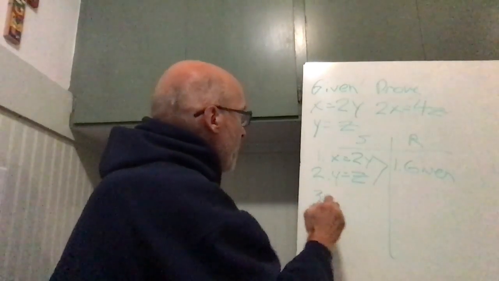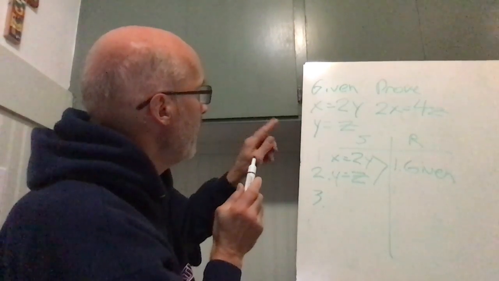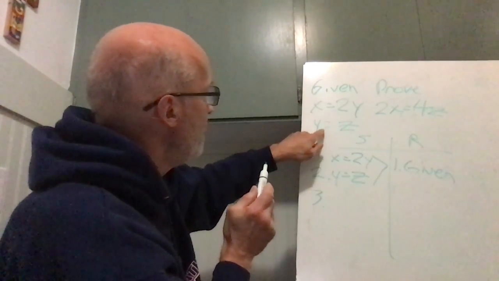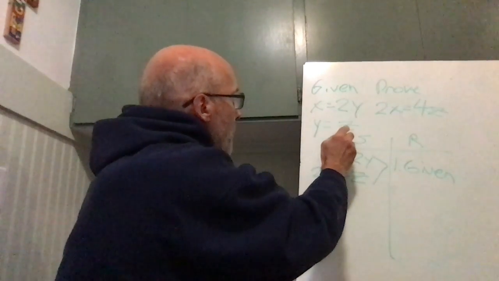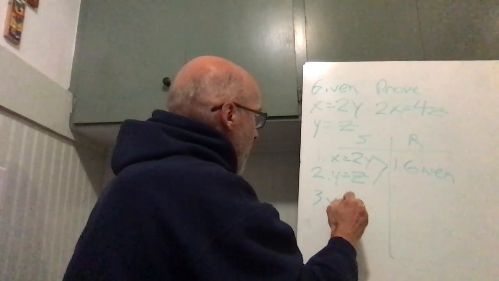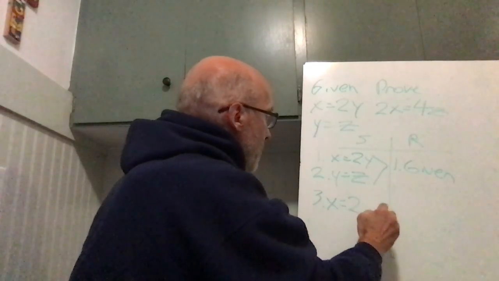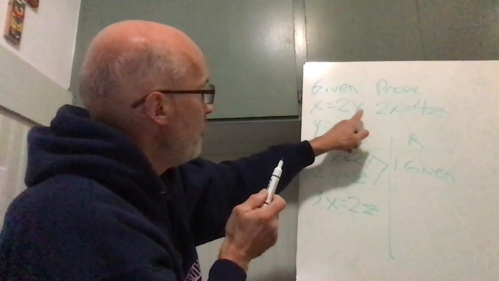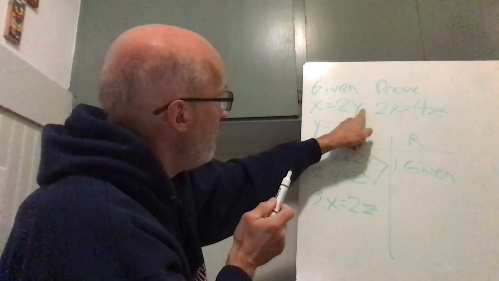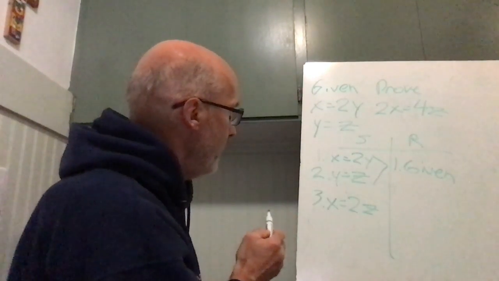Now, number 3, remember where I was going. I was saying, oh, you could substitute in here. So instead of a y, I'm going to put in the z. X equals 2z. Now that is substitution, because I'm not doing a whole side, I'm just doing one little piece of that side.